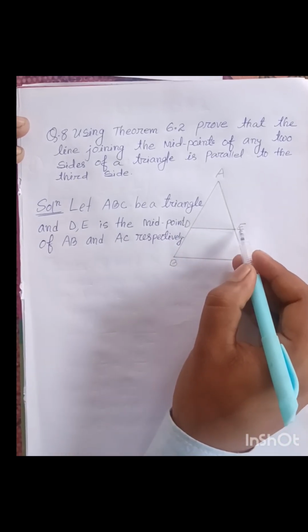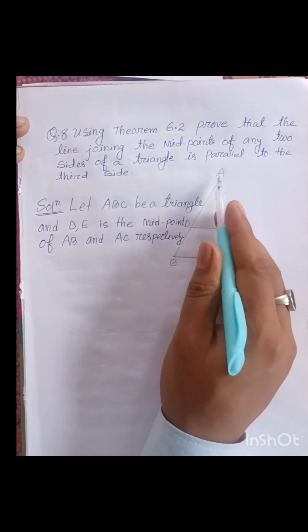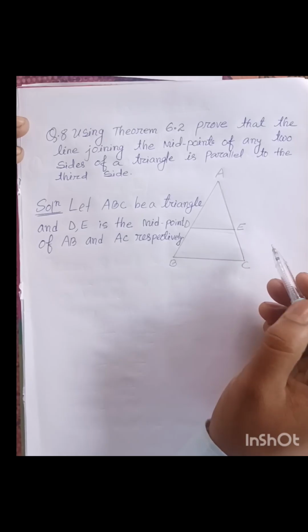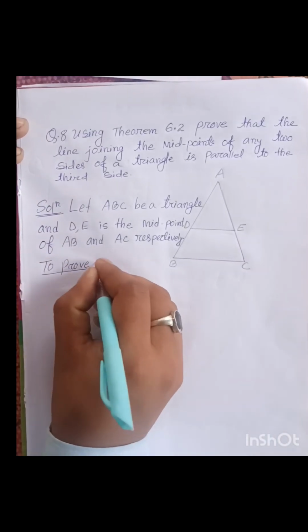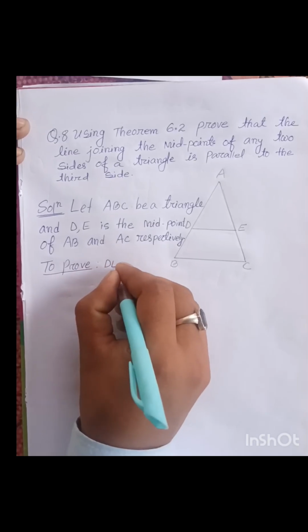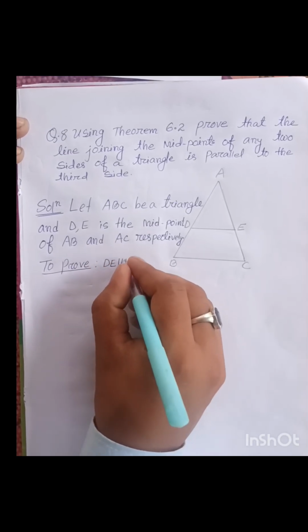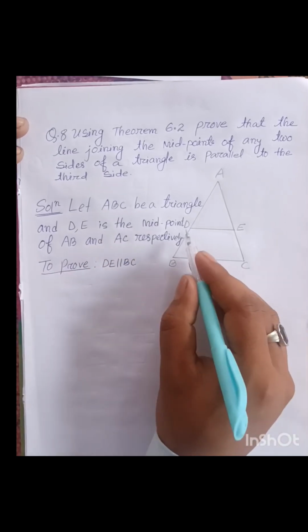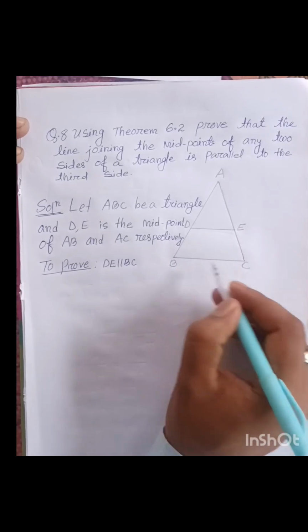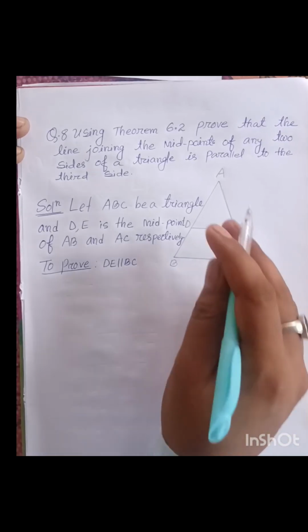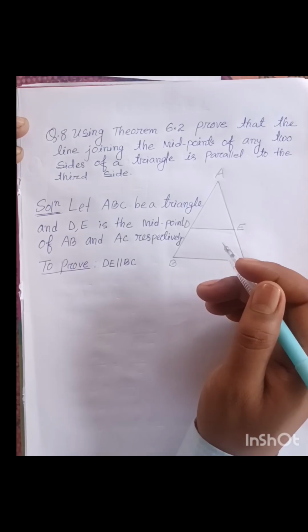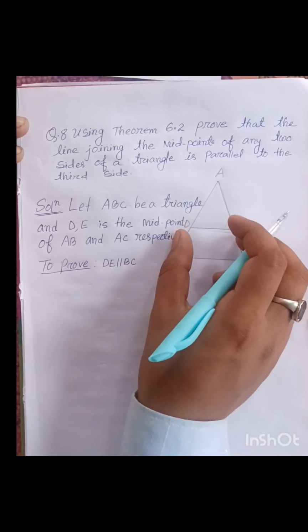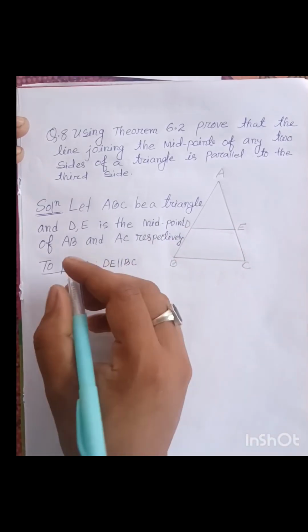D and E are the midpoints of AB and AC respectively. To prove DE parallel BC, we will prove DE line is parallel with BC. Now first I will compare the ratios, and if the ratios of the sides of this triangle are equal with each other, then only I can say this DE line is parallel with this BC.